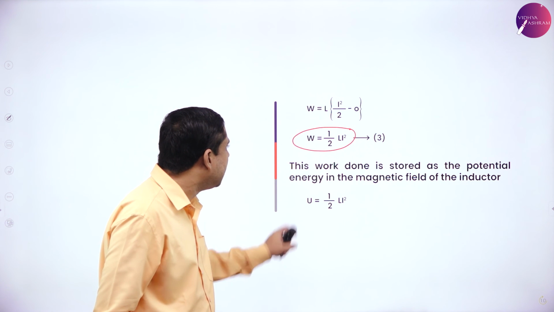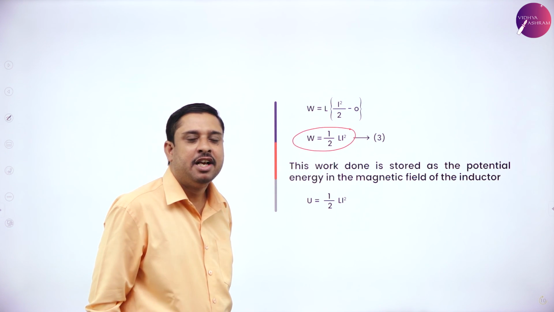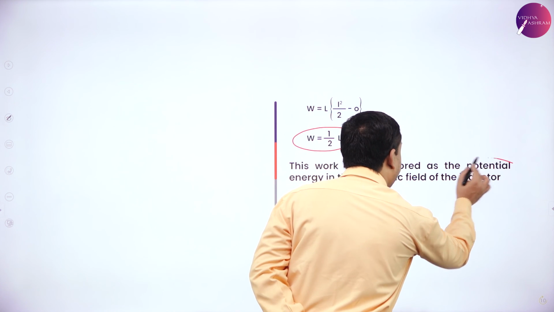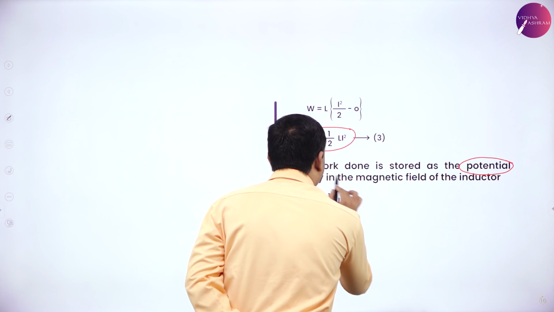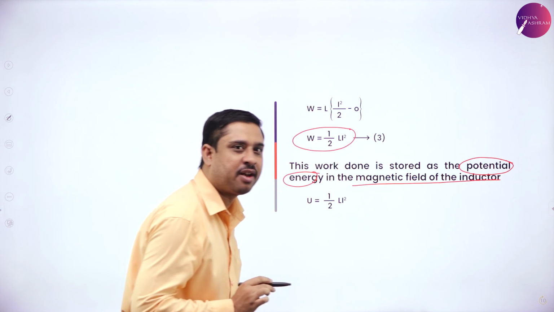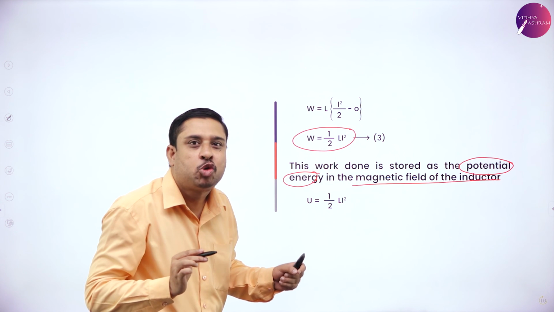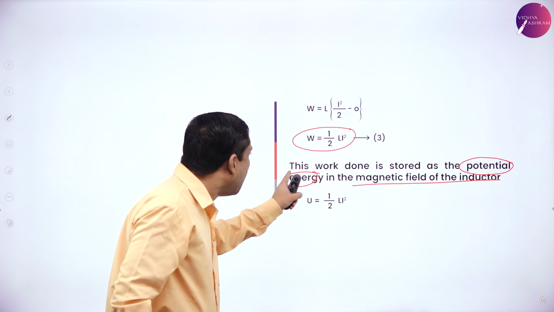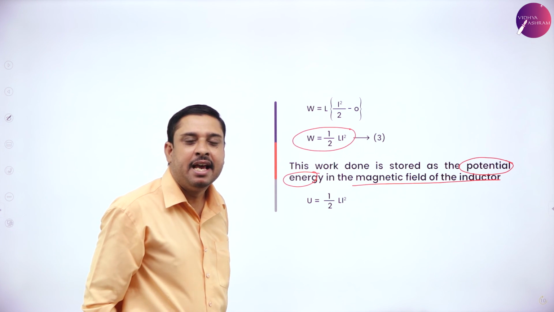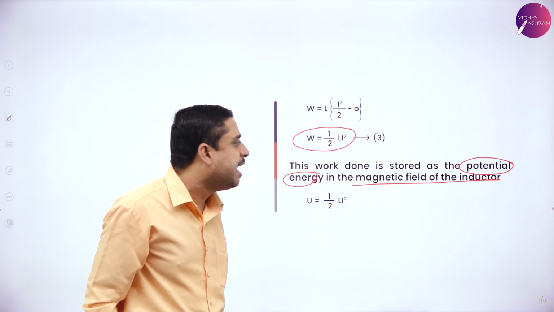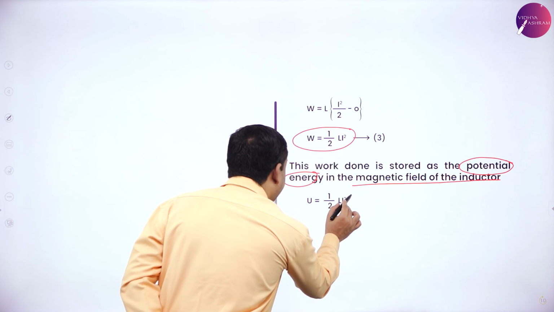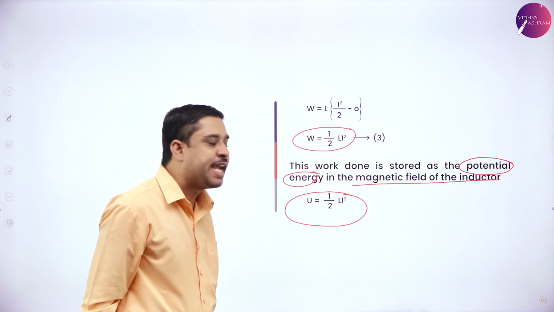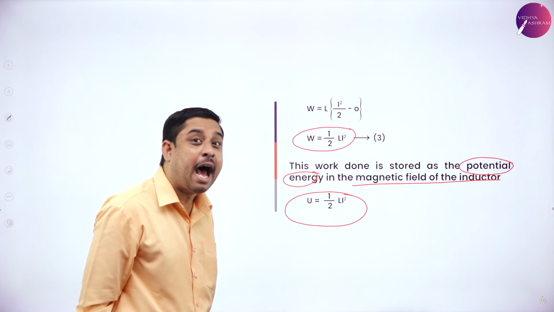My dear students, this work done is stored as the potential energy in the magnetic field of the inductor. So whatever work is done to reach maximum current is stored as potential energy in the magnetic field of the inductor. Therefore we write energy stored in an inductor U equals half L I square.